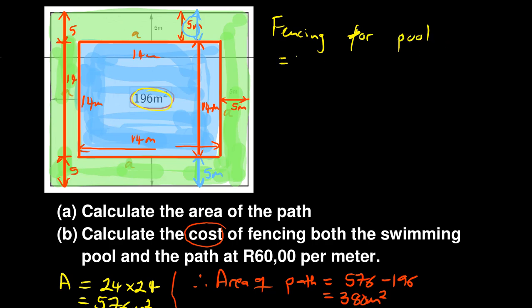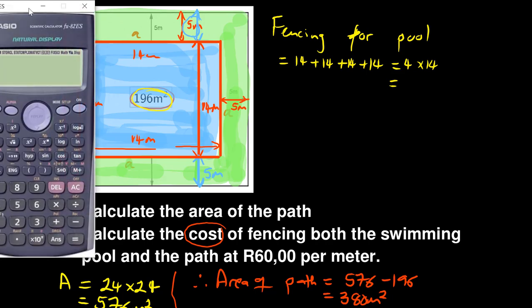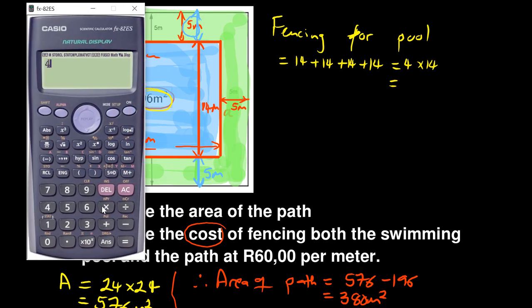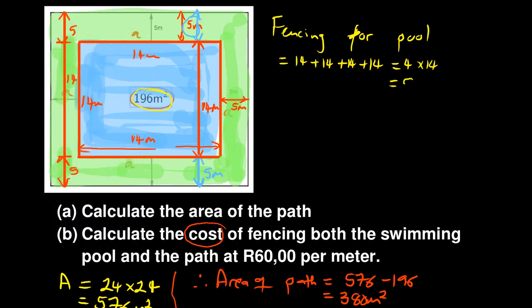As you saw, it was 14 plus 14 plus 14 plus 14. In other words, it is 4 times 14, and the final answer for that one, you just multiply 4 times 14, or 14 plus 14 plus 14 plus 14, which is 56 meters in length.